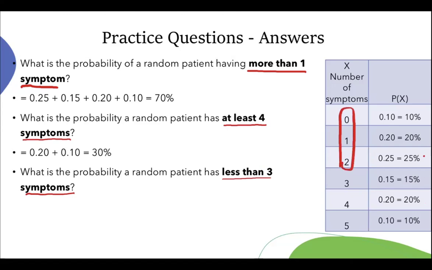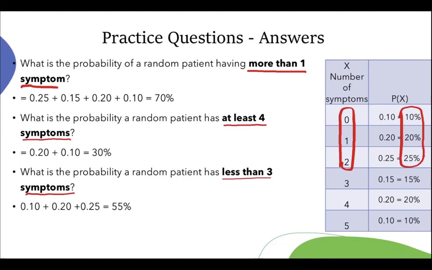So we add up the probabilities for x equal 0, 1, and 2. So 10 and 20 and 25 is 55%.